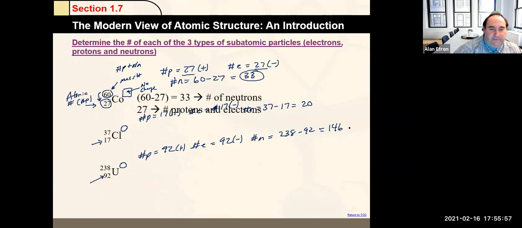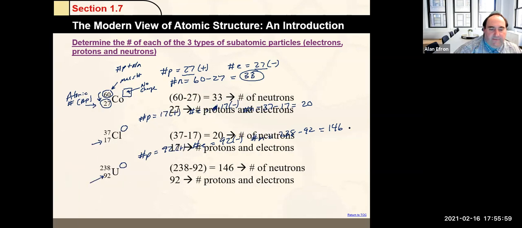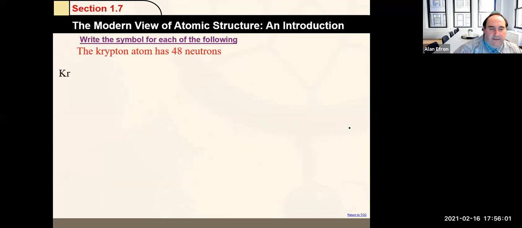Okay. So why don't you try a few more here? I think here we want to know what is the symbol for krypton that has 48 neutrons. The other one we have is the nitrogen atom with 6 neutrons.